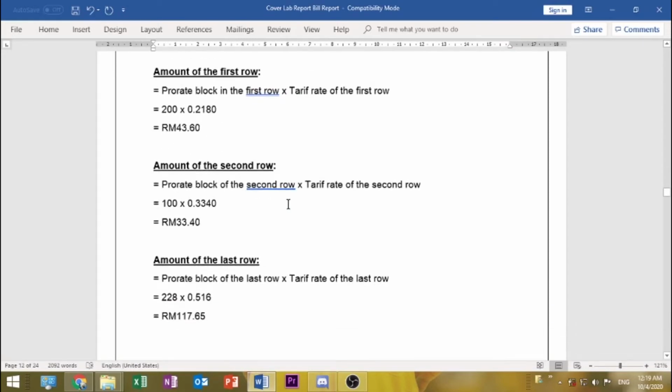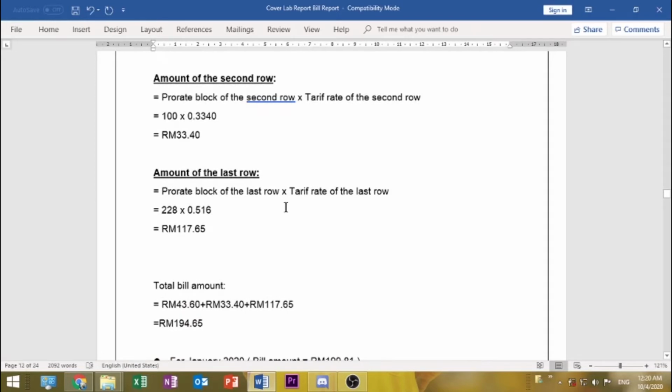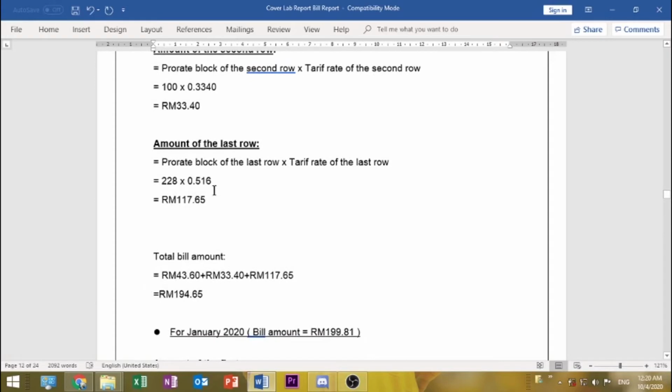For the second row, I took the prorate block of the second row and times it with the second tariff rate, which is 0.3340 ringgit times 100, and I got 33 ringgit 40 cents. For the last row, I took the 228 and times it with the tariff rate of the last row, which is 0.516 ringgit, and I got 117.65 ringgit.